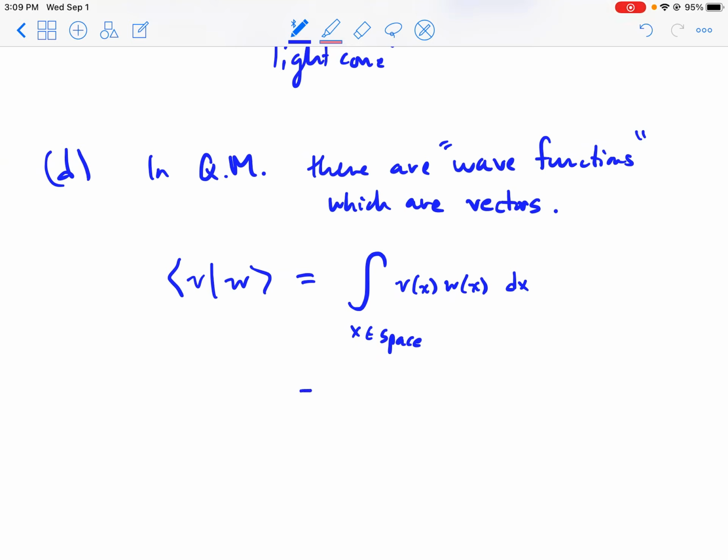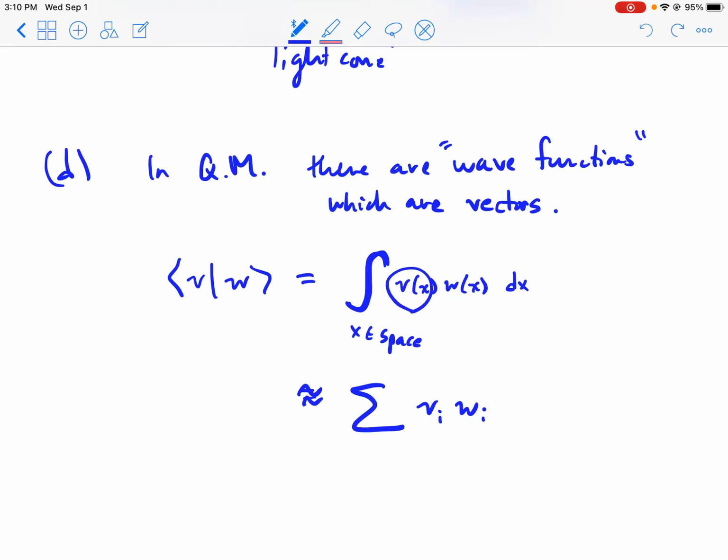Anyway, it's like a sum of v_i w_i, but it's infinite dimensional, so we take the integral.